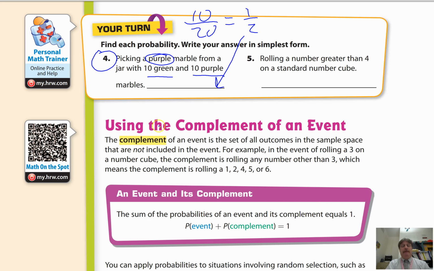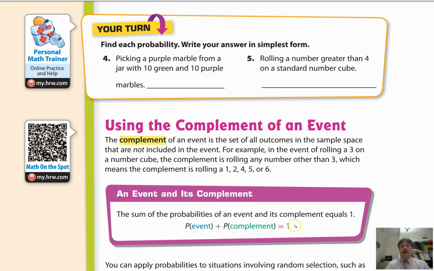The next thing we have to look at is what we call the complement. The complement of an event is the set of all outcomes in the sample space that are not included in the event. What we've been looking at was the probability of an event. Now we're going to look at the probability of a complement. The sum of the probabilities of an event and its complement equals 1.